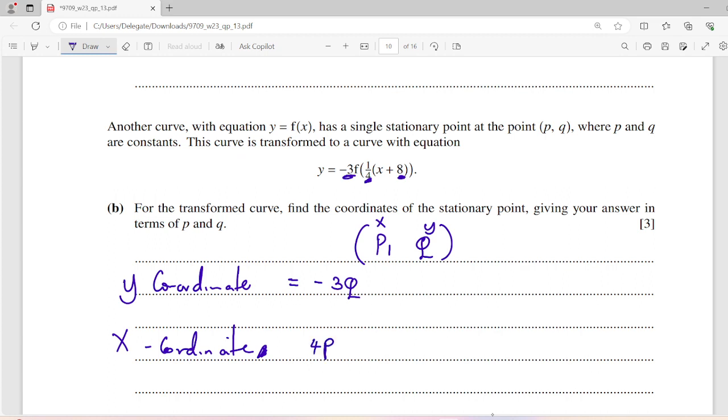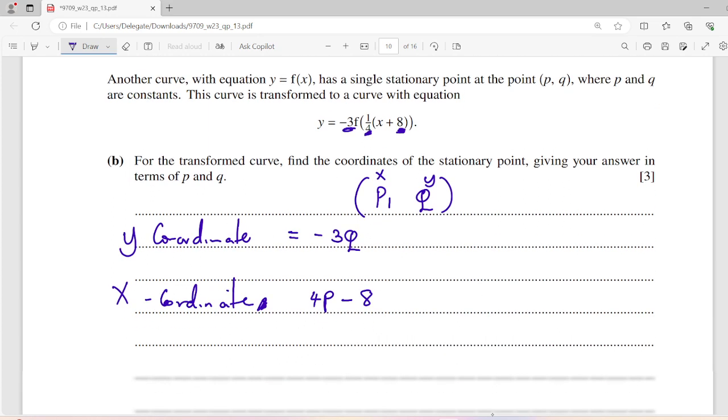Then we also see this +8, which means it moved to the left, which is -8. So the coordinates of the stationary point are x, which is 4p minus 8, and y is -3q. So you needed to know the transformations properly to be able to work that out.